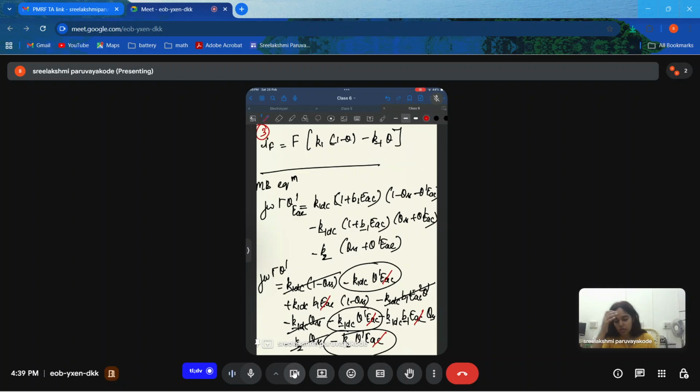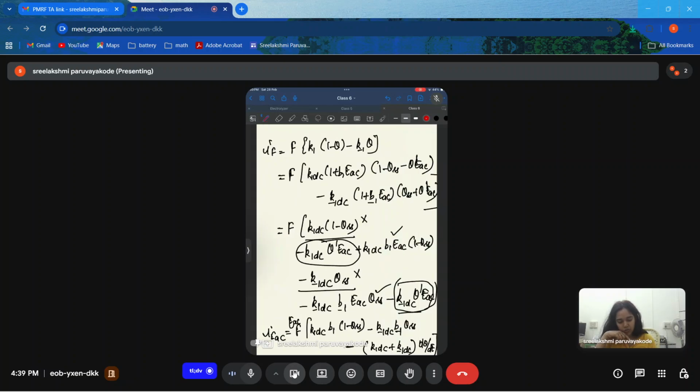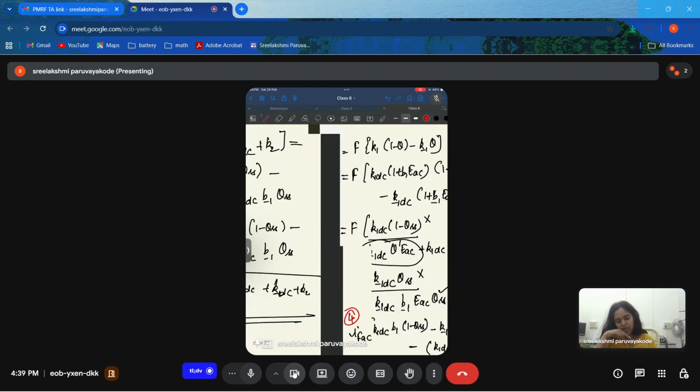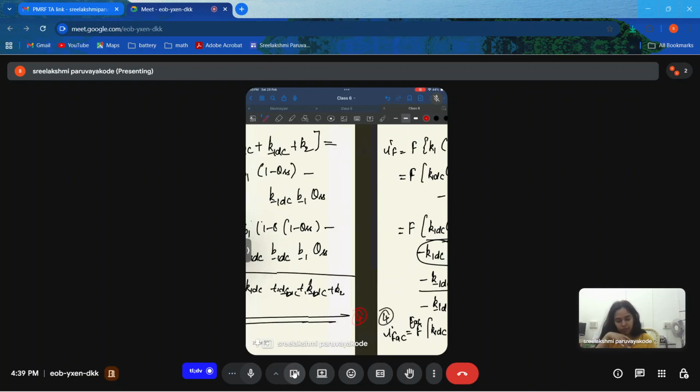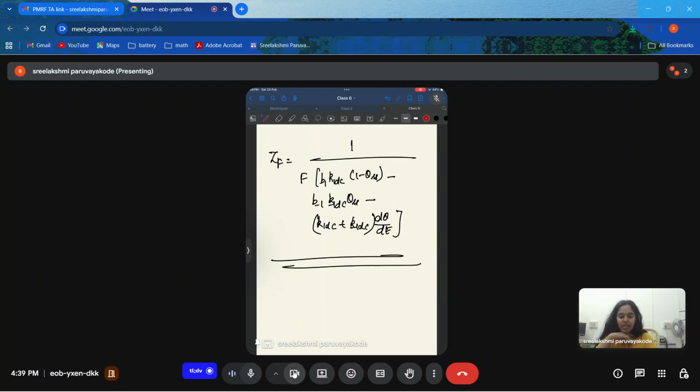So total current you need to find out IFDC, IFAC. That is your fourth step, I would say. That will have theta dash, so for that you have to find it from the mass balance equation. Finally, impedance. This is a step which is involved and it has to be done systematically. If you are careful, you will not make any mistake in that.